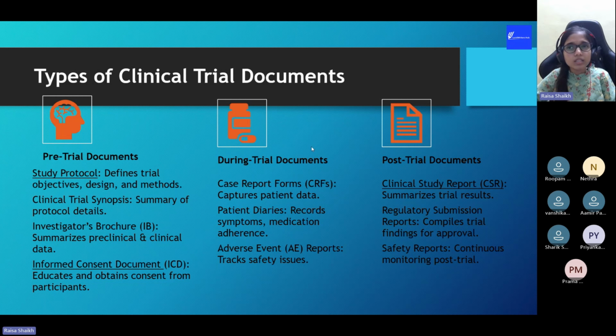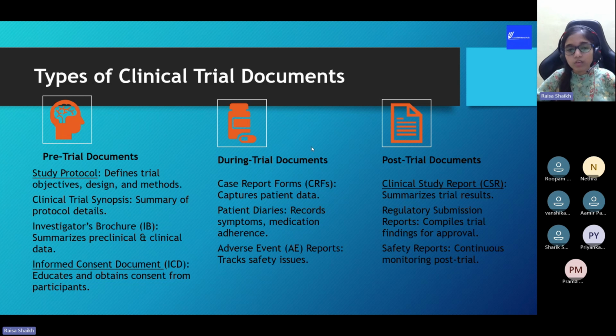Listings are basically the individual patient data in Excel or any form. Tables are the statistical output, like after analyzing the data, suppose there were 1000 patients, so mean HbA1c, mean FBG, mean PPBG, all these mean values are provided in tables.